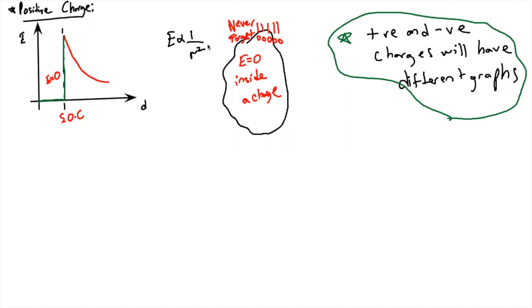Now let's make the graph for the minus charge, for the negative charge. All right, so what is this going to look like? Is it going to be the same or is it going to be different? Yes, that's what I was waiting for. It's going to have a different direction. So I'm going to make a line here, and this line is for the surface.